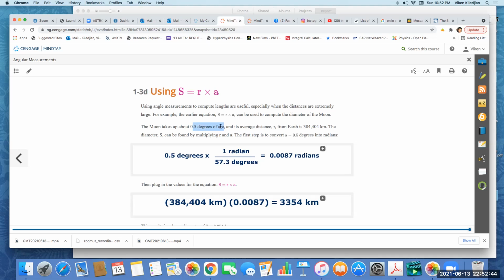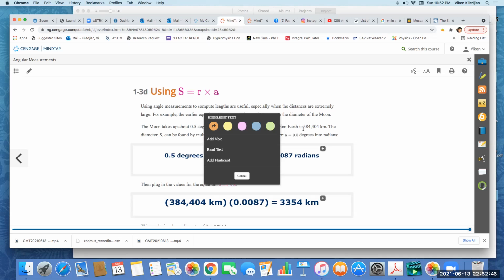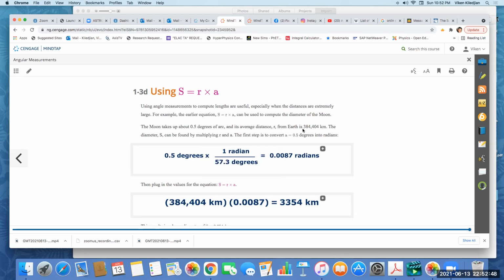And now you need to have already measured the distance to the moon with another technique. They're already giving us the distance to the moon from the Earth, which is 384. Then we can now find the size of the moon. The diameter S can be found by multiplying R and A. So S is R, the distance to the moon, multiplied by A.